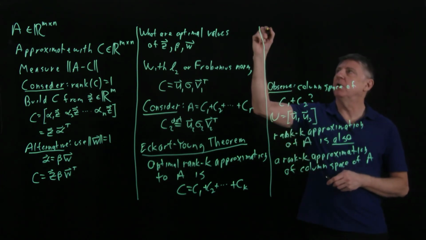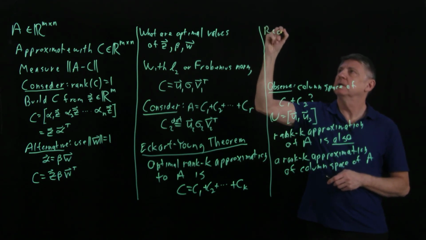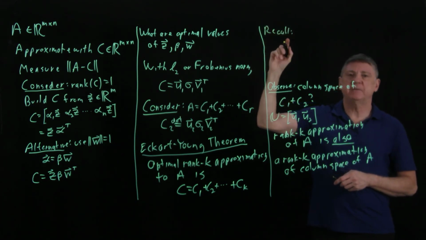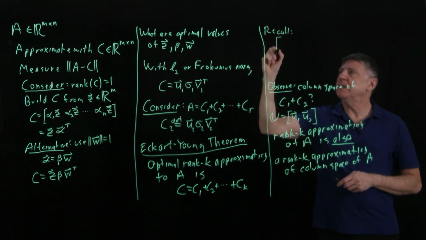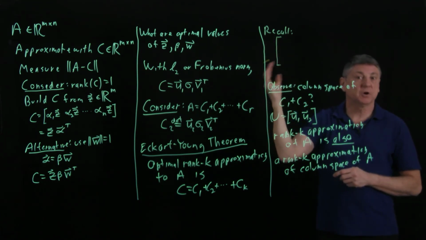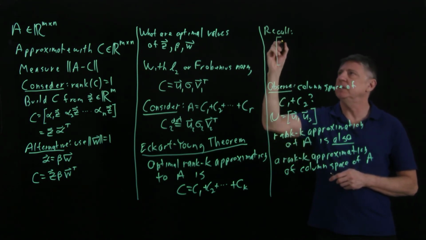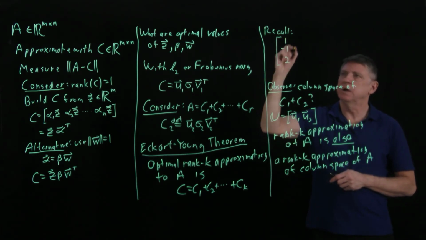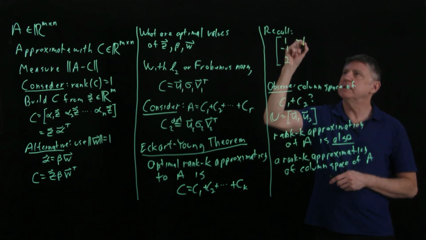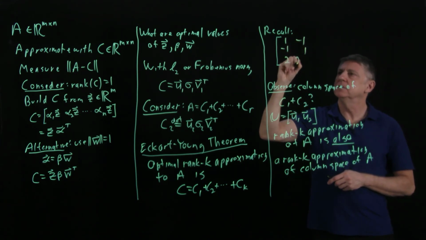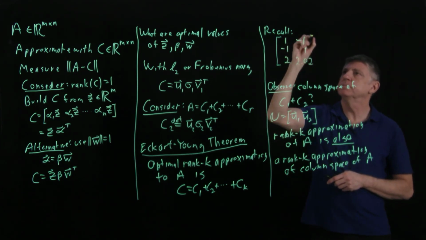So let's recall a matrix that we had previously, one that we explored when we started looking at applications of the SVD. It was 1, -1, 2, and -1, 1, 2.02.